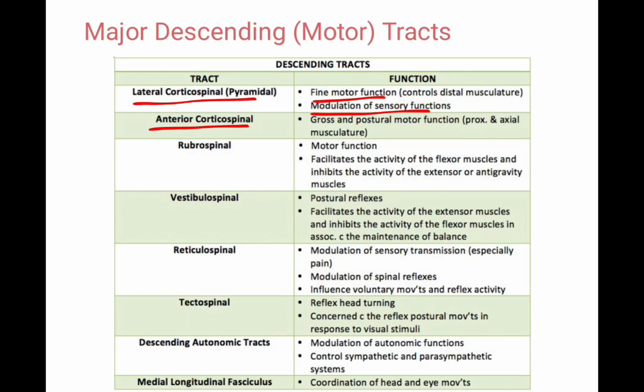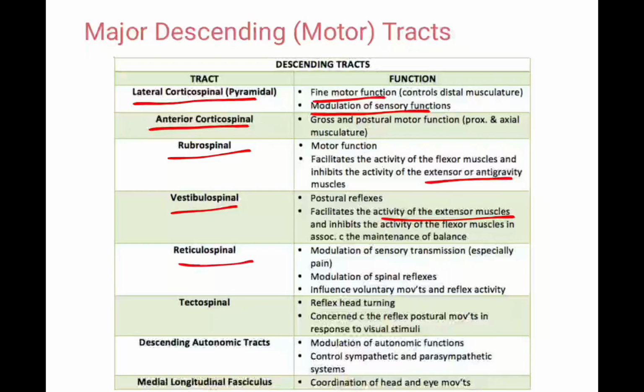We have the rubrospinal tract, which is also for motor function, facilitates the activities of the flexor muscles and inhibits activities of the extensor or anti-gravity muscles. We have the vestibulospinal tract, which is for postural reflexes, and it facilitates the activity of extensor muscles and inhibits the activity of flexor muscles in association with maintenance of balance.